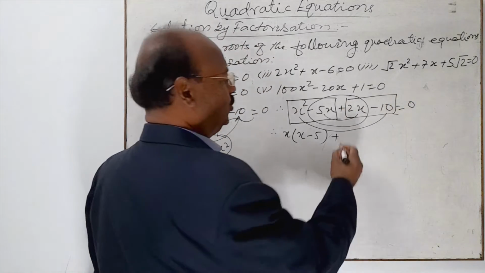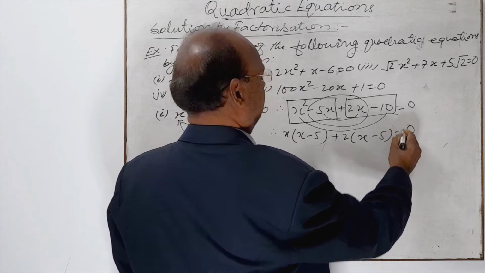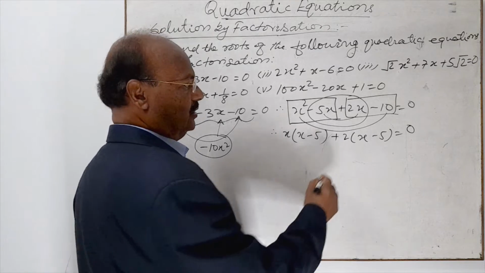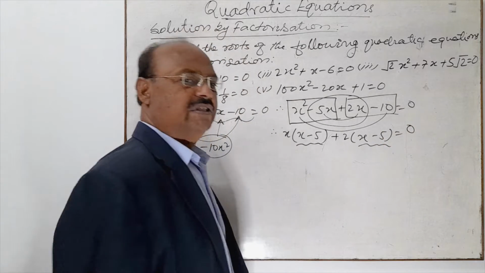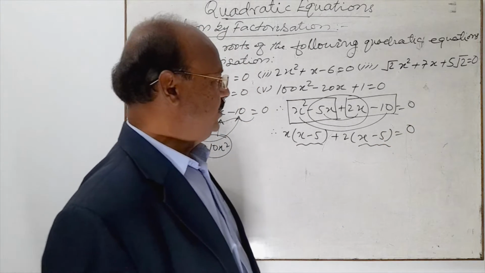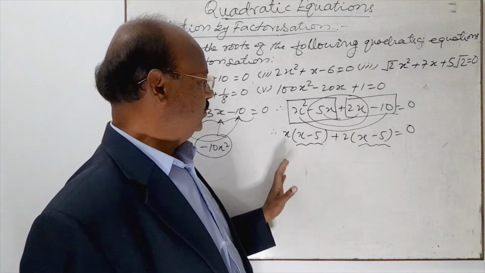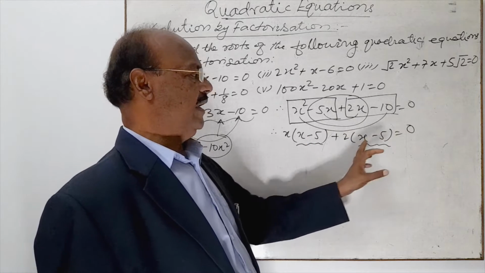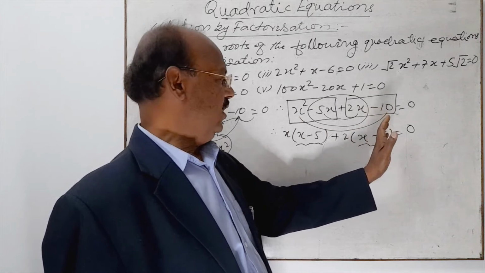Here you can take 2 common, so this is x minus 5 is equal to 0. You have to be very careful that the expressions inside these two brackets should be the same. Otherwise, your factorization is not appropriate. You see here in both of the brackets we have x minus 5. It means we are on the right way, correct?